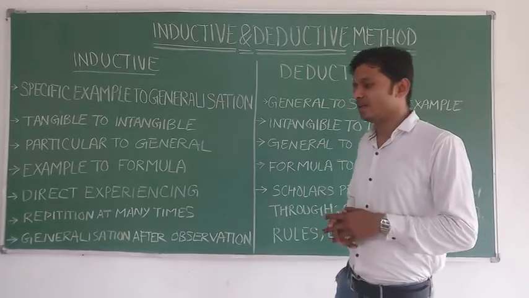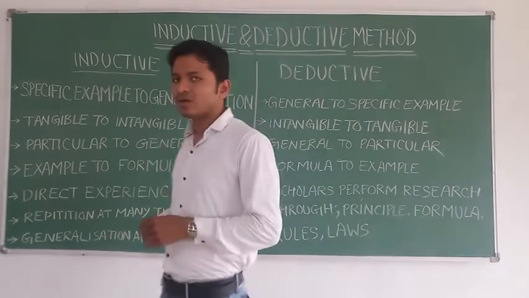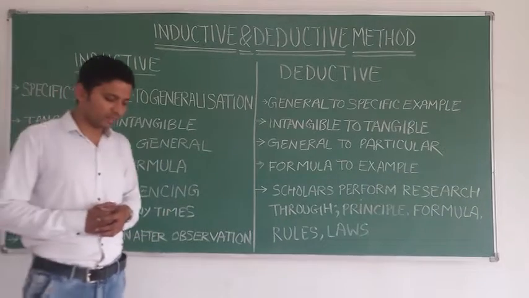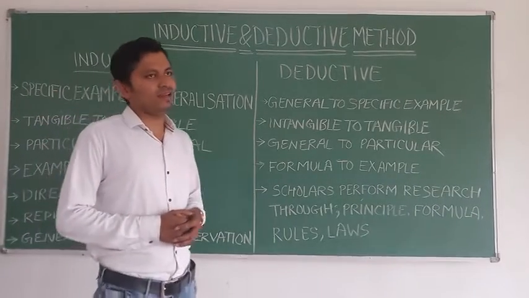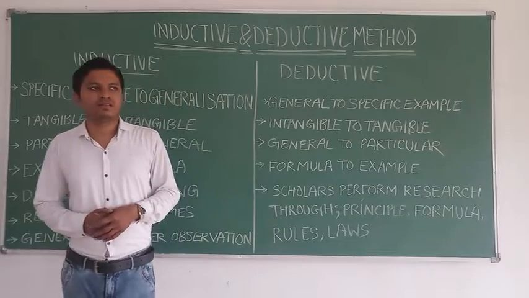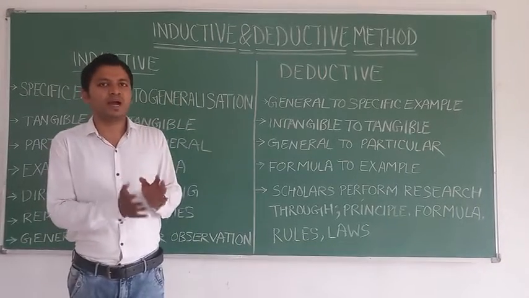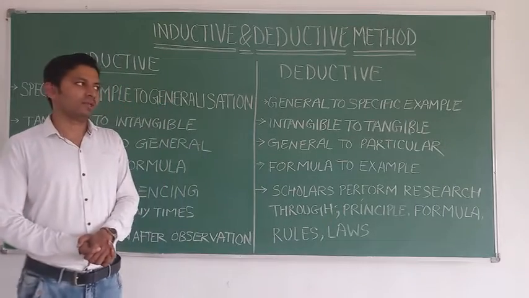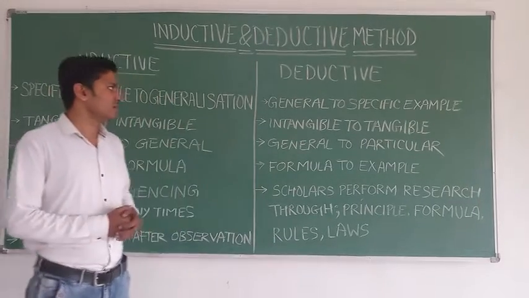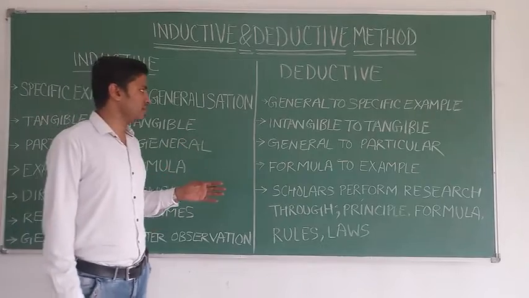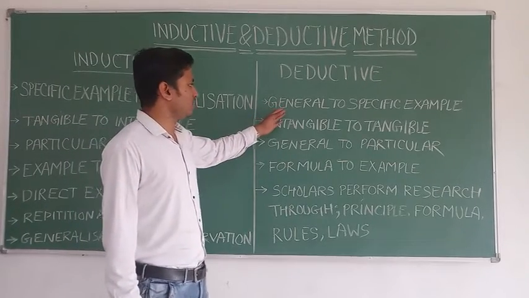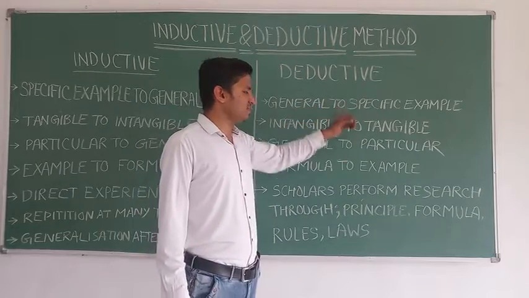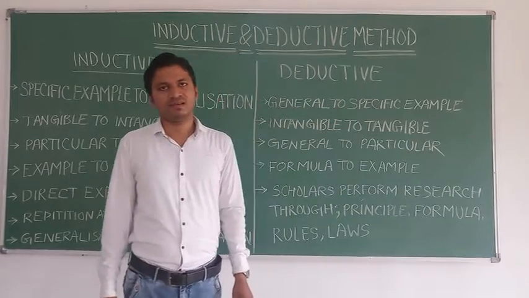Okay. Next, we look at the deductive method. In the deductive method, we can say it looks like the opposite of the inductive method in the manner of the approach of study. So in the deductive method, we go from general to specific example.